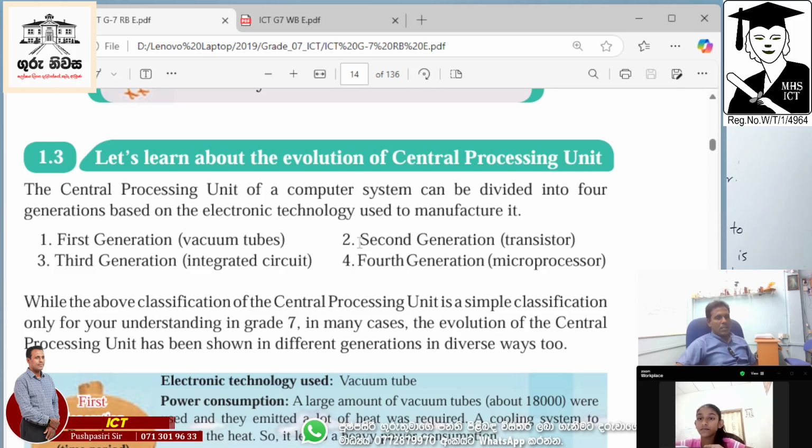Number 2, second generation. Within bracket, transistors. T-R-A-N-S-I-S-T-O-R. Transistors.